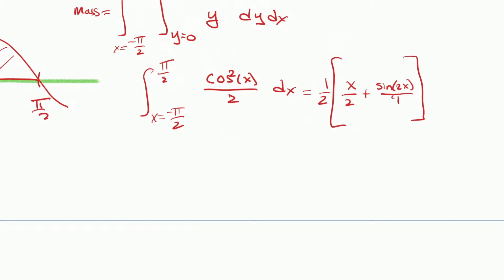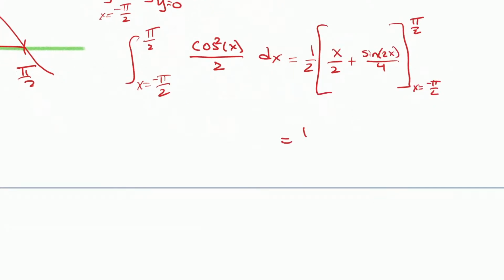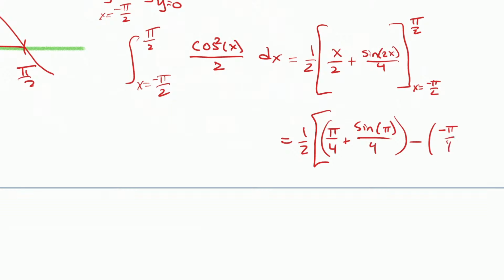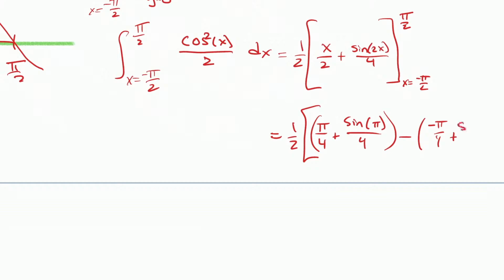And then you just have to plug in the limits, x equals negative pi over 2 to pi over 2. So this will be 1/2 times, I'll do this carefully. Pi over 2 over 2 is pi over 4, plus the sine of pi over 4, sorry, that should be a 4, minus negative pi over 4, because I'm plugging in negative pi over 2, plus the sine of negative pi all over 4.